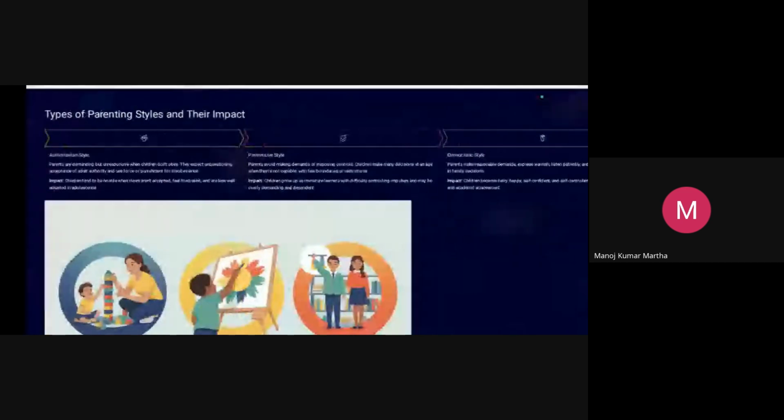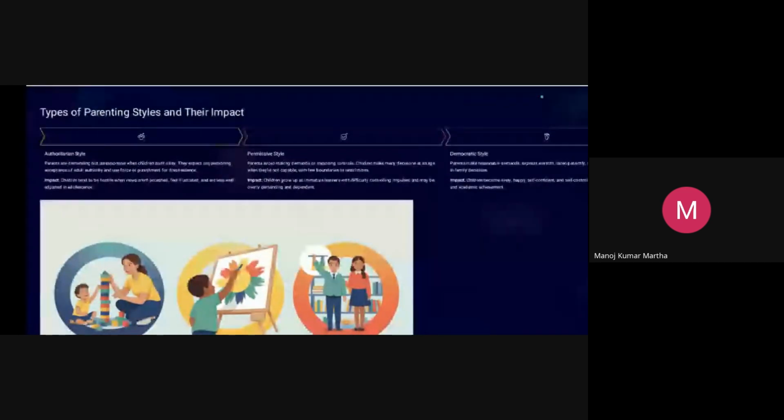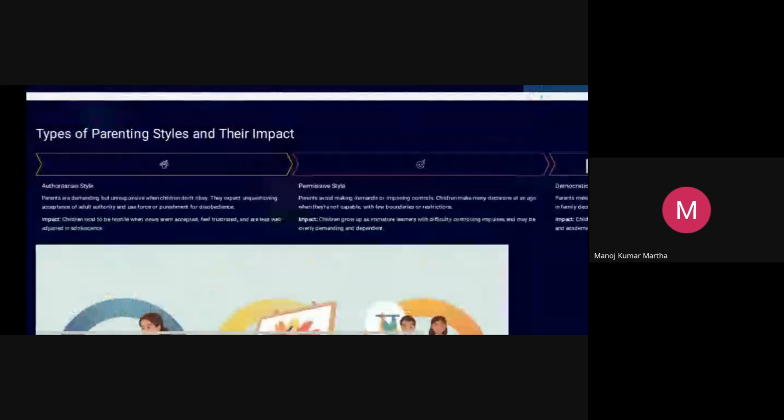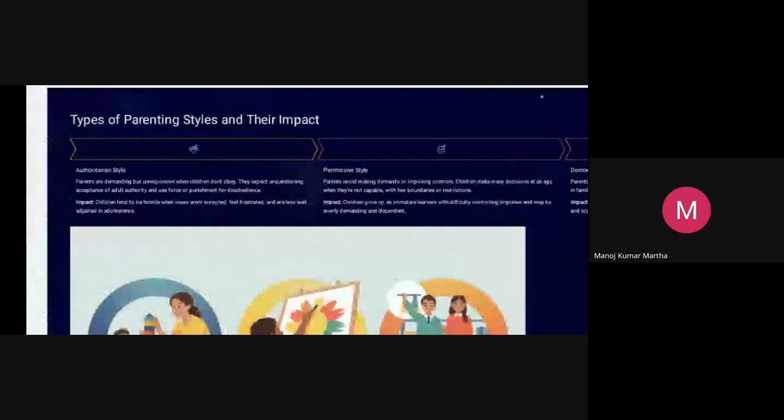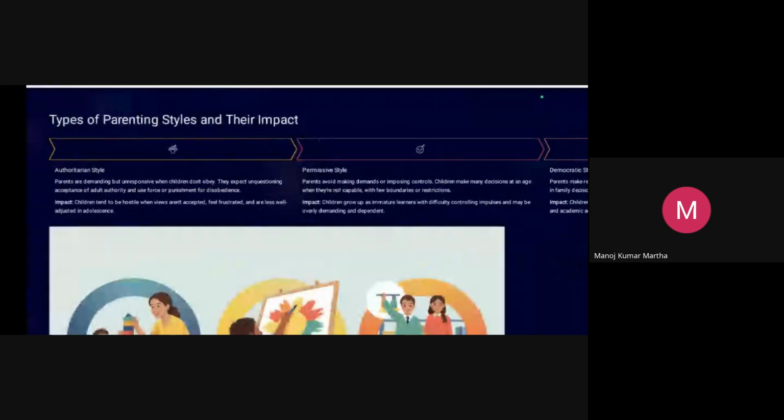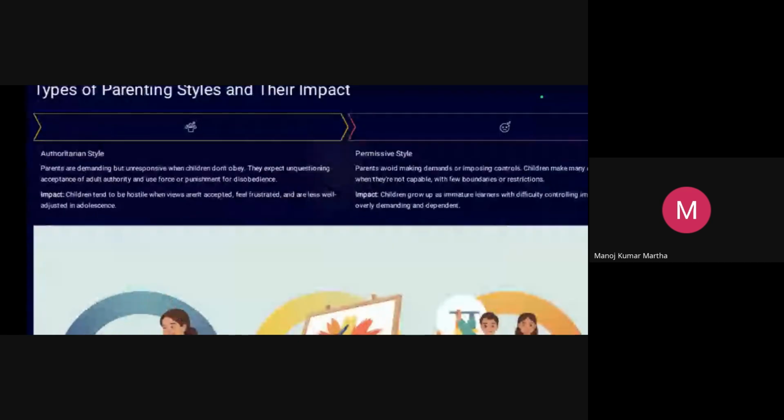Another important thing, the teaching style, that is also discussed here. Three types of parenting styles affect the process of learning. The first one is the authoritarian style, where the parents are very authoritarian.